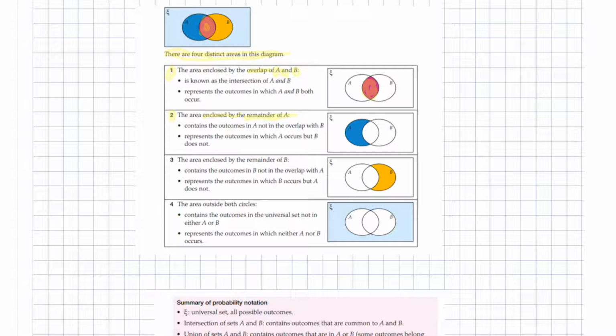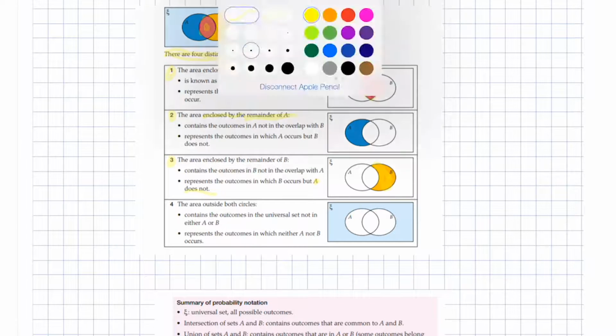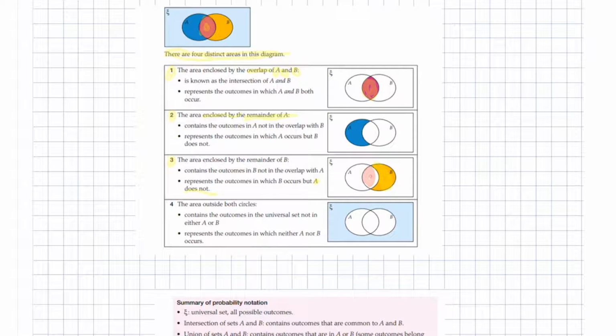Then number 3, the area enclosed by the remainder of B, excluding the overlapping area, represents the outcomes in which B occurs but A does not occur. So that's important, we are again excluding the common, overlapping area. Number 4, the area outside both circles.